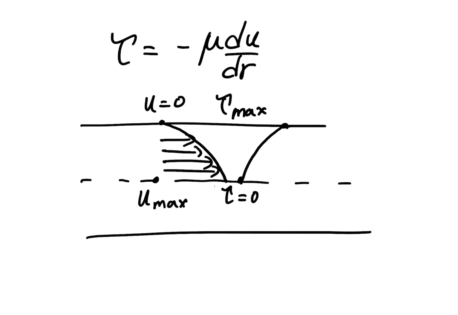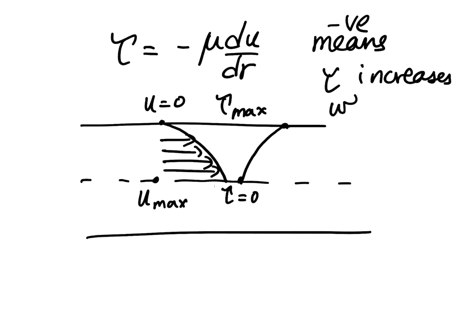So this negative sign means tau increases when u, which also increases with r, decreases.